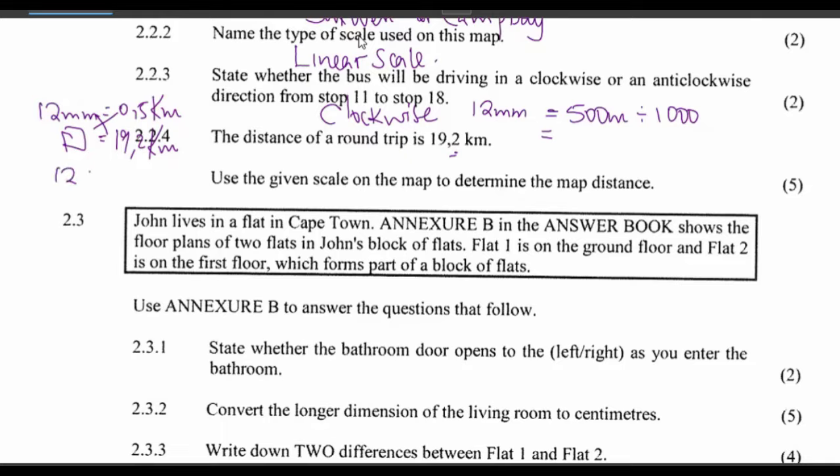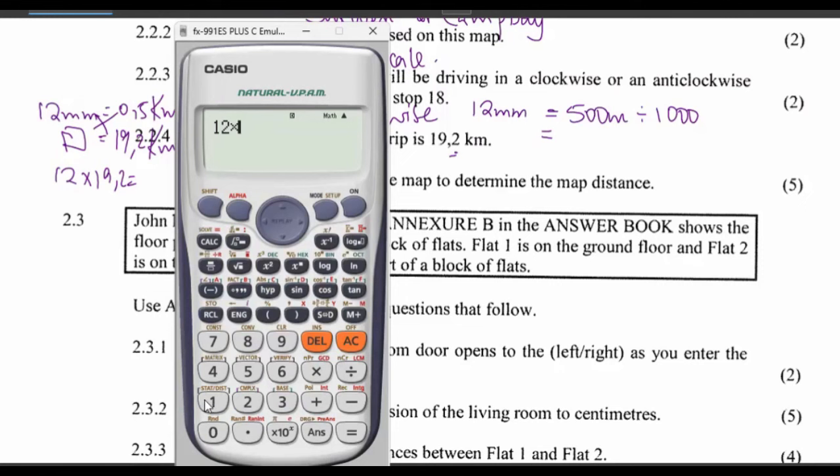So you multiply 12 times 19,2. The answer became 230.